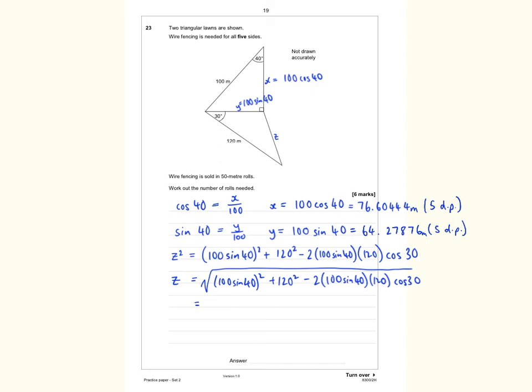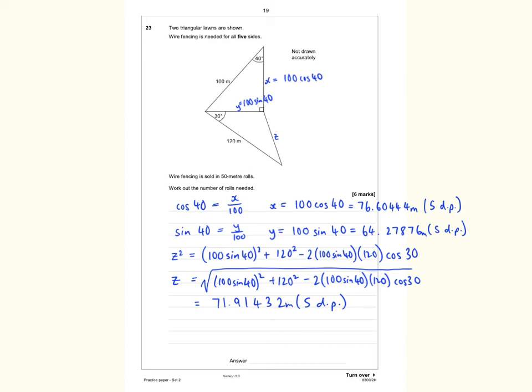Okay, and that is what I'm square rooting. And that gives me 71.91432, and this is to 5 decimal places. Okay, so this is in meters.